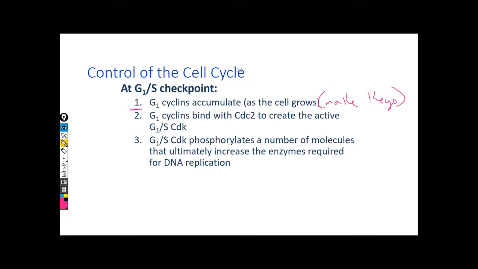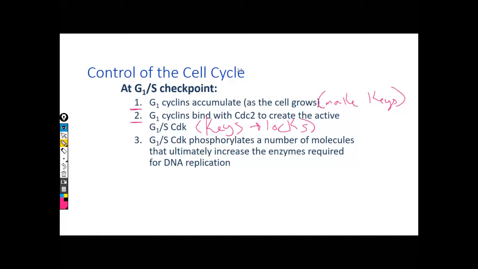Step two. My keys go into my locks. So those cyclins are going to bind with the cyclin-dependent kinases, the enzymes. My cyclin proteins bind with my kinase enzymes. Keys go into locks.